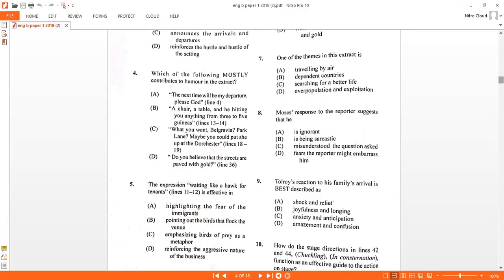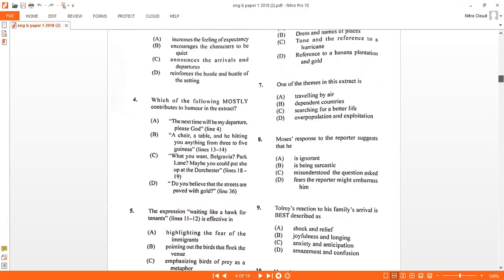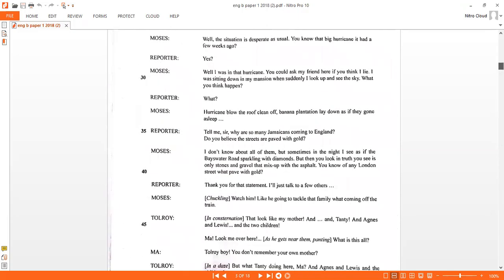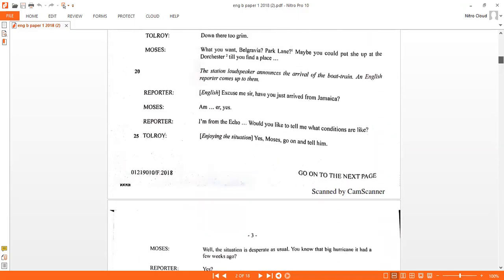If we look at Moses' interaction between himself and the reporter, let us quickly jump back there, where the reporter asks him the very first question. He says, "Excuse me, have you just arrived?" Moses did not just arrive. Clearly, Moses has been living there for a while. So right away, we know that Moses is probably telling a little lie. And then the reporter asks, "What are the conditions?"